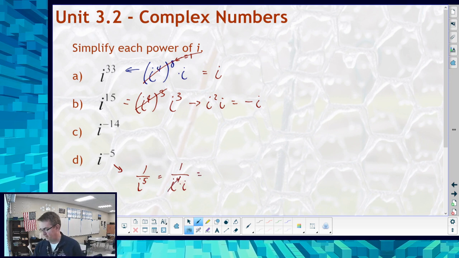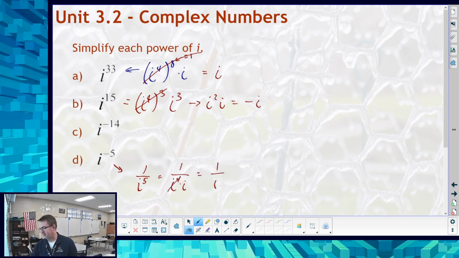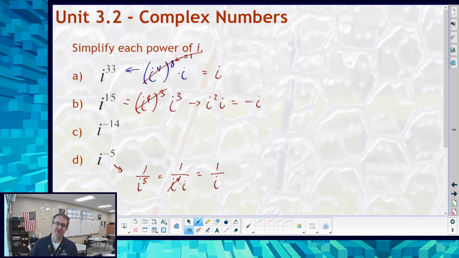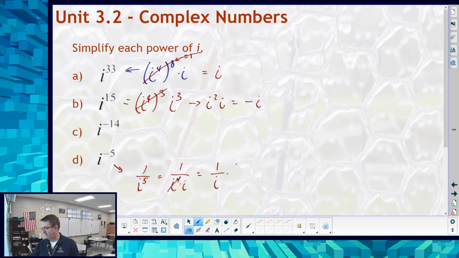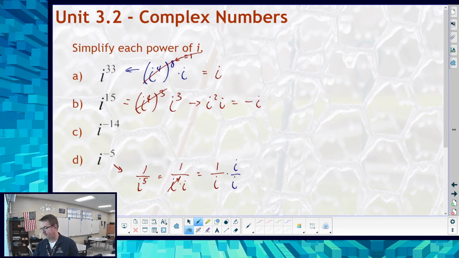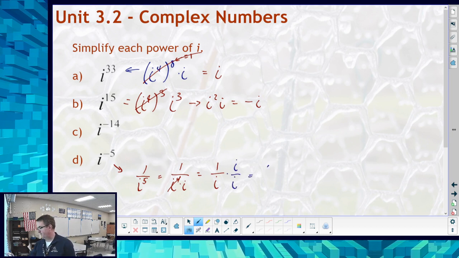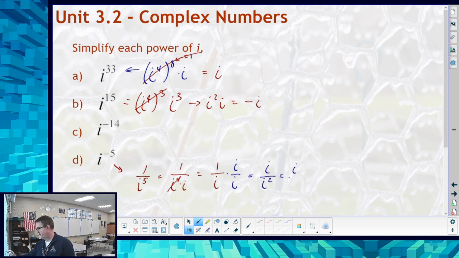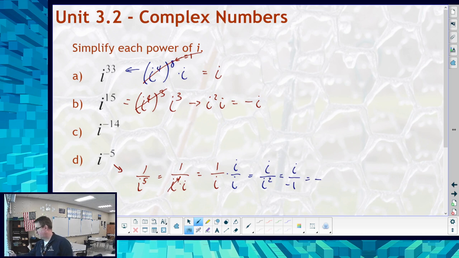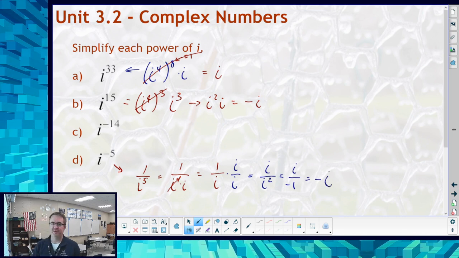This becomes 1, so I have 1 over i. Now know that you still have to rationalize this because i is an irrational number. It's a square root. So I'm going to multiply that by i over i. So I get i over i squared. And there's probably more steps there than what you need.